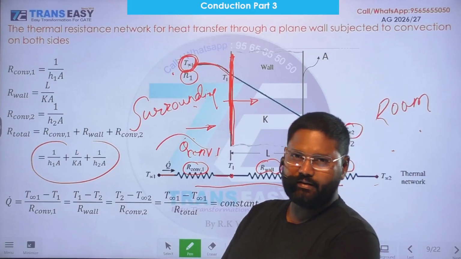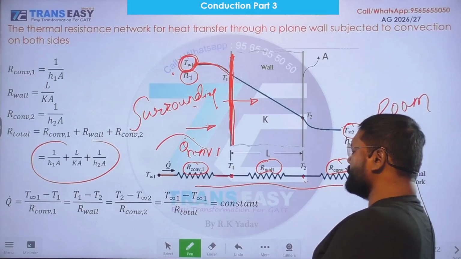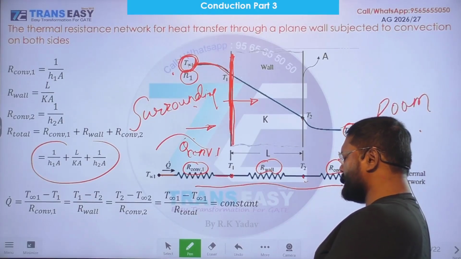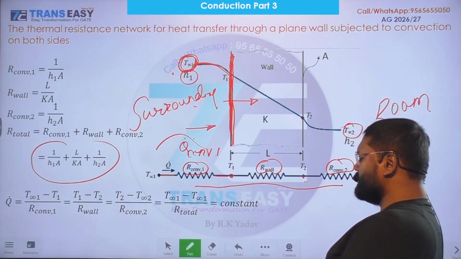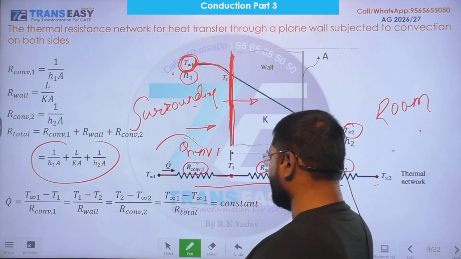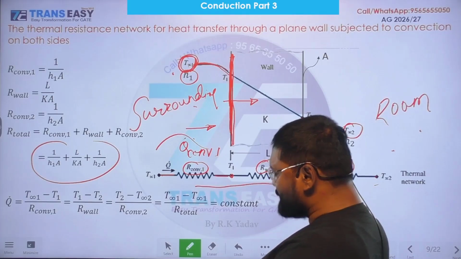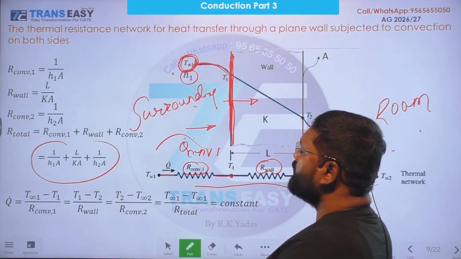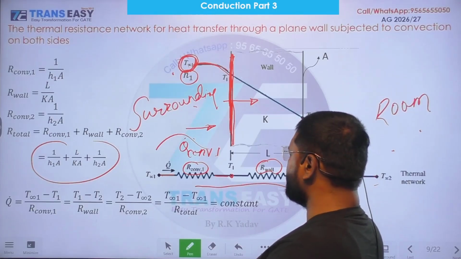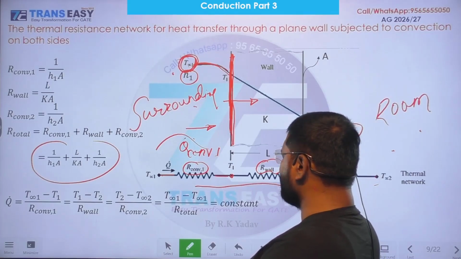Important point, dear friends. Most beautiful conclusion in the case of one-dimensional steady state heat conduction without internal heat generation, where plane wall involves convection heat transfer modes on both sides, through plane wall conduction and on both sides convection.